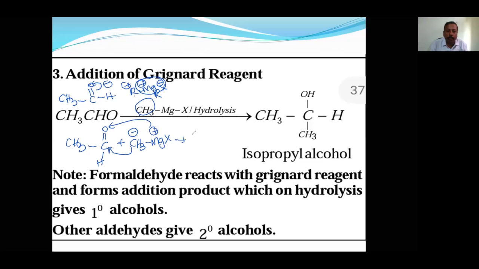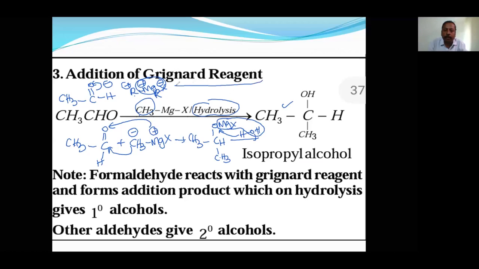Then it will be CH3C, oxygen will be with MgX, and carbon with H, and already CH3 will be there. Afterwards, hydrolysis. When you add HOH, then MgOHX will be released. Here it will give you CH3CHOHCH3. This is the product. This mechanism will be used everywhere.